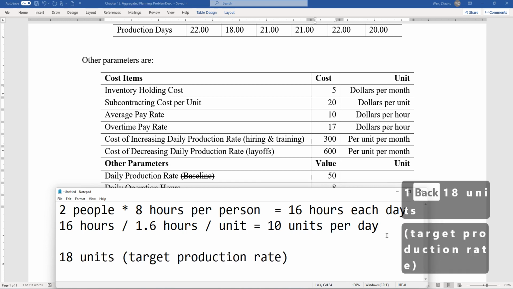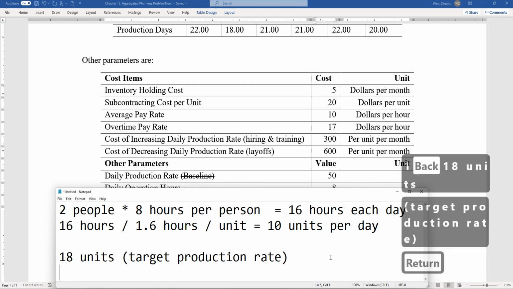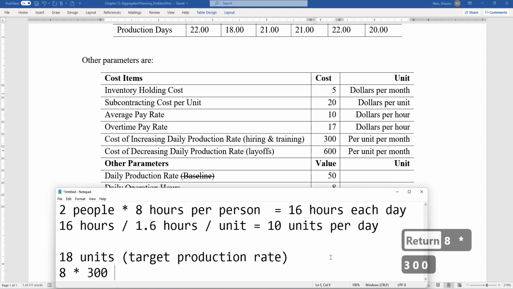In that case, basically you need to spend 8 times 300, which is $24,000, to increase your production rate. This is additional cost you need to spend in order to improve your production rate from 10 to 18.